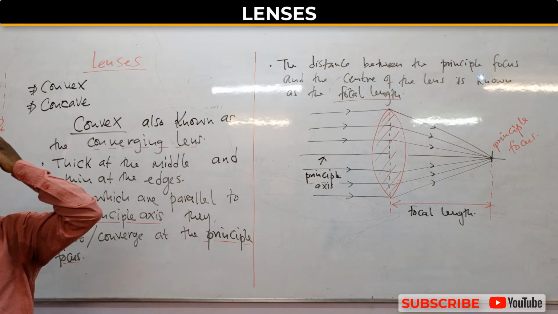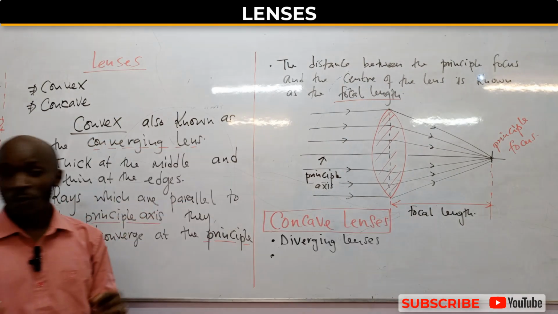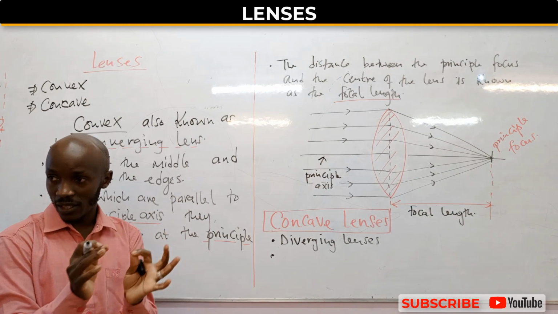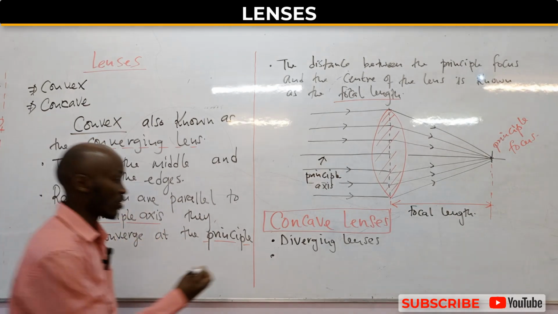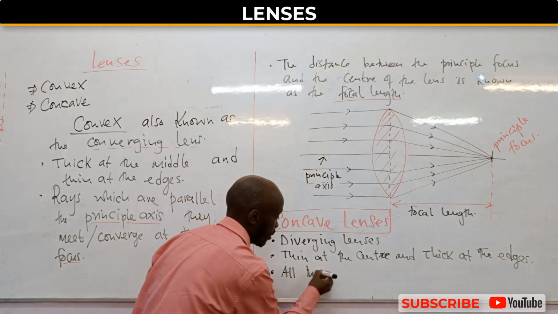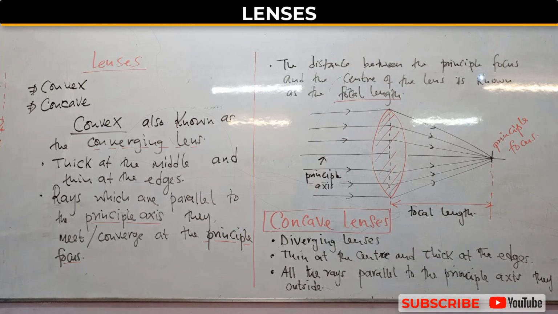Let's talk about the concave now. So they are also known as diverging lenses. Now they are thin at the center, and they tend to be thick at the edges. For this one, all the rays parallel to the principal axis tend to diverge outside. Hence the name diverging lenses.